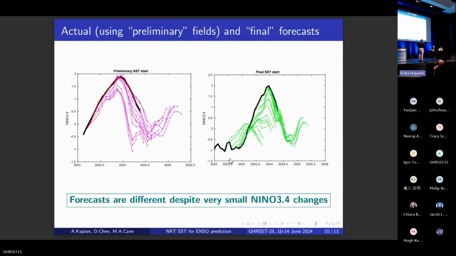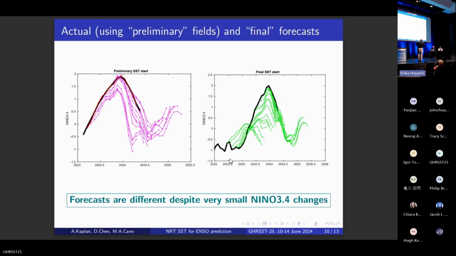It almost doesn't see the difference. And this on the left is what the forecast is for this period. So black are the observations, of the actual thing, and red, which you cannot really see because it's very close, is from the preliminary one. So shown is the index NINO 3.4. There are no differences, so to say.